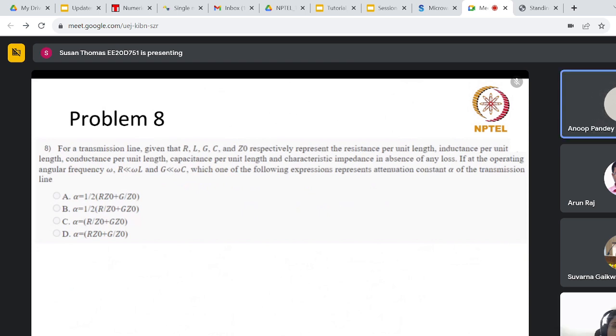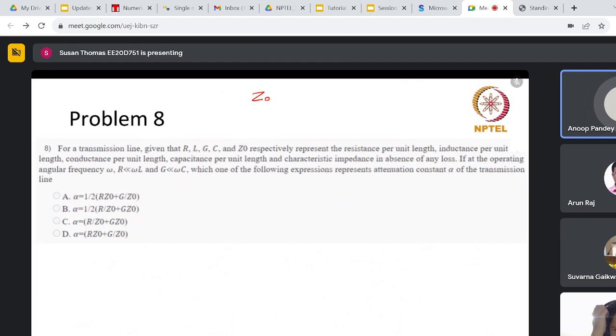Then I know the Z naught, that is the characteristic impedance of a lossless line, and another one is distortionless line. In both lines, there is no j, or you can say that this is independent of imaginary.